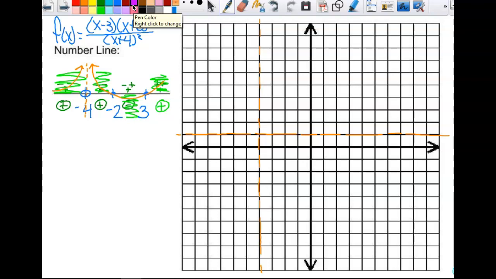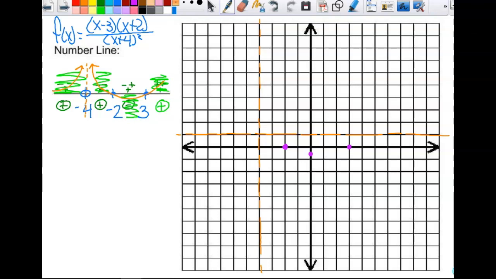I've got my roots at -2 and 3. My y-intercept is 0, -3/8. So 4/8 would be a half, so it's about a half. And it doesn't matter on here, can't get that accurate anyway, so about right there. Okay, so that's everything I can get on there from the information that I found.